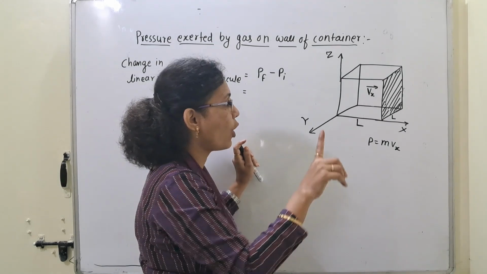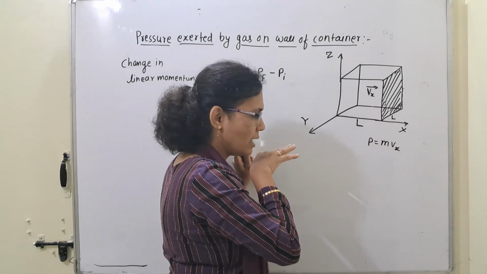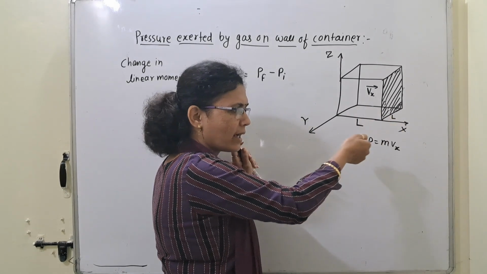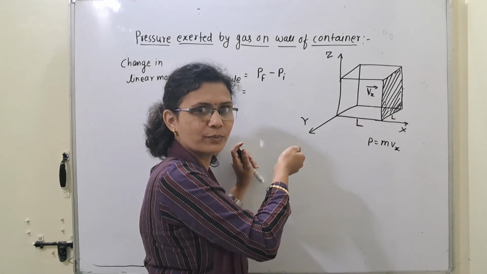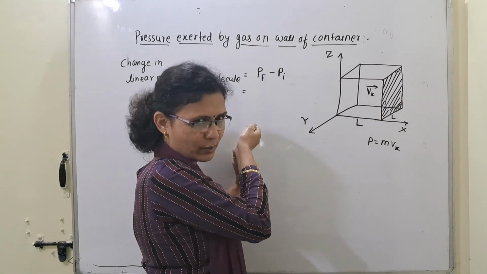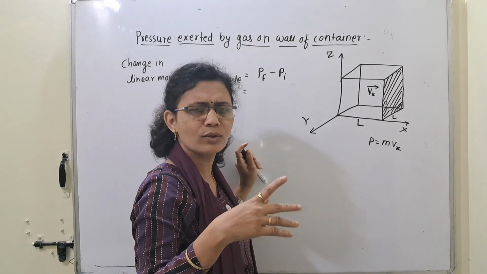Only the direction of the x-axis component is going to change. Initially it is in the positive direction, and when it gets bounced back, the direction will be negative. But the y and z-axis directions are not going to change.